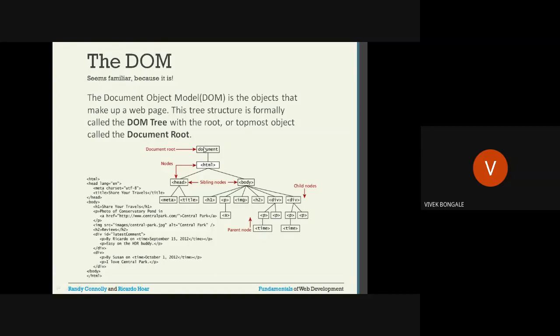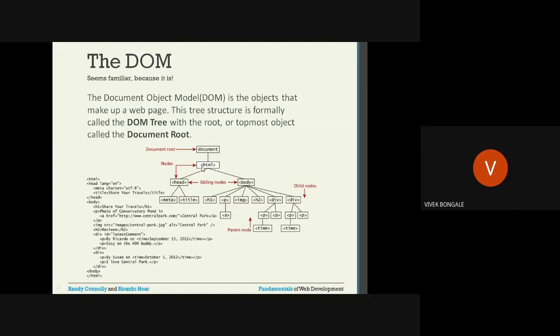This document is like a root. Then html and head, these two are what? Siblings. And this is the parent for head and body, and this head becomes the parent for meta and title. So when this is the parent, these are the children.